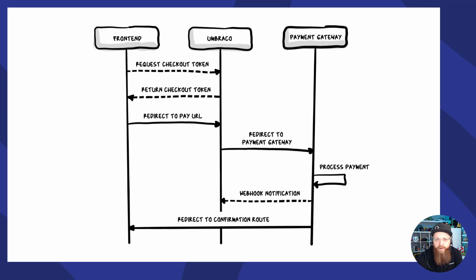You redirect to that URL, which is an Umbraco Commerce URL, but that in turn redirects to the actual payment gateway, which processes your payment. Usually this then involves a webhook back to Umbraco Commerce to tell it that the transaction was successful or unsuccessful, but then it would redirect to a confirmation page on your site or application to show the completion of that order.